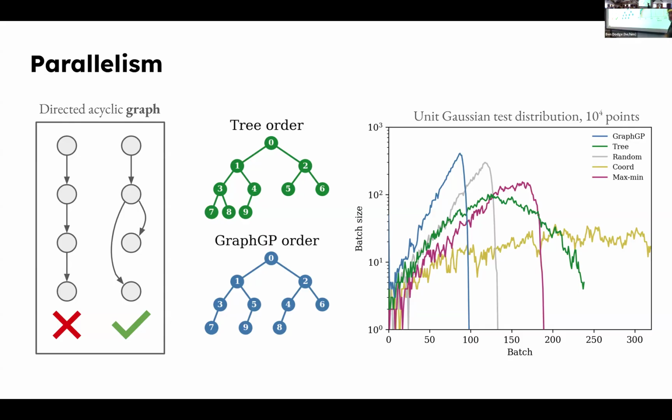The green is the KD tree, which is really terrible. We've also included some other orders proposed in the literature, showing that we're better. And in practice, this is plenty good enough to saturate modern GPUs, so it's very parallelizable. Any questions? I know that was a lot.